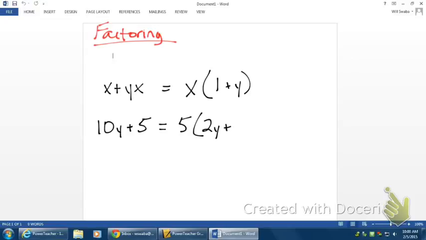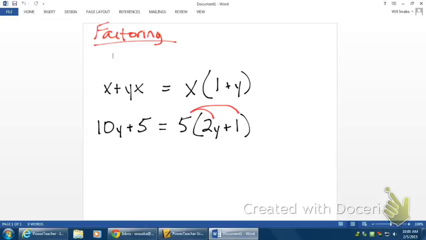Just 1. Do you have to put the 1 in there? Yes, because it starts out with 10y plus 5. The only way that I can get the exact same thing on the other side when I distribute it is if there's a 1 there. If there was a negative 1 there, it'd be negative 5, and that wouldn't be the same thing.